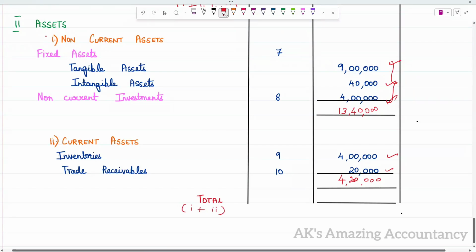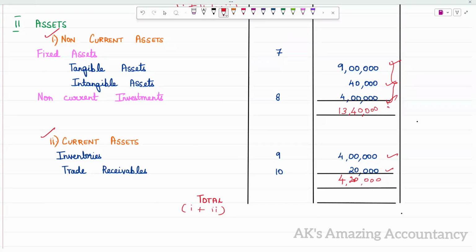Total of non-current assets plus current assets. So how much is non-current asset? Non-current asset is 13 lakhs and 40,000. So how much is current asset? Current asset is 4 lakh and 20,000. So add these two amounts together, 13 lakh 40,000 plus 4 lakh 20,000.